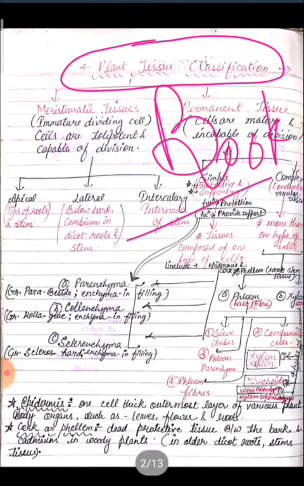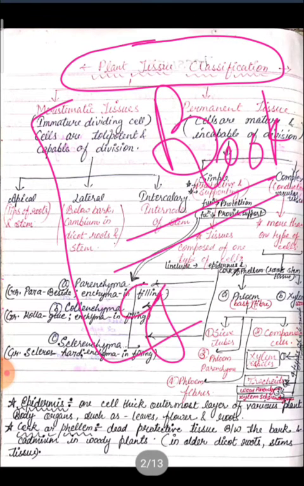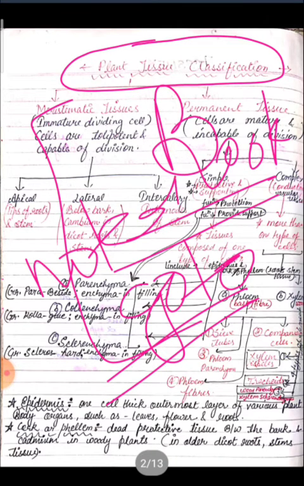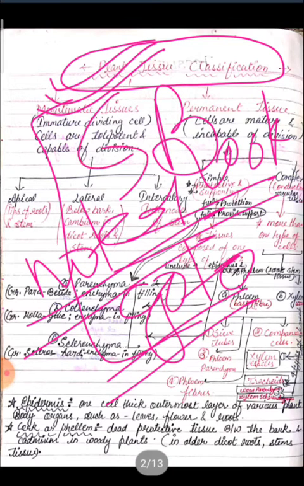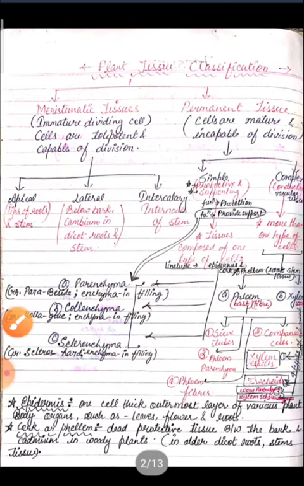If you are not able to understand this classification from my writing, go to the book and note it down fairly from the book. If you can understand my handwriting, then you can note it down from my PDF file. So before understanding, let's move to the plant tissue classification.